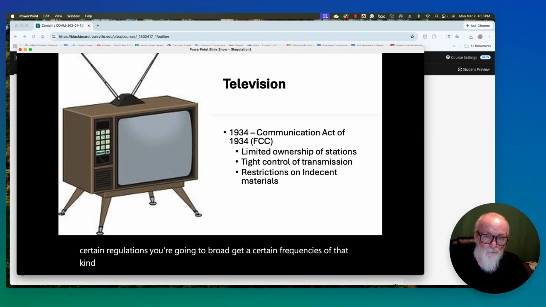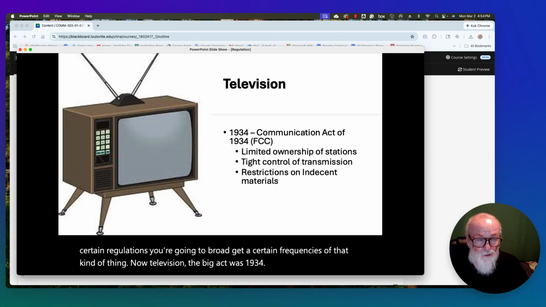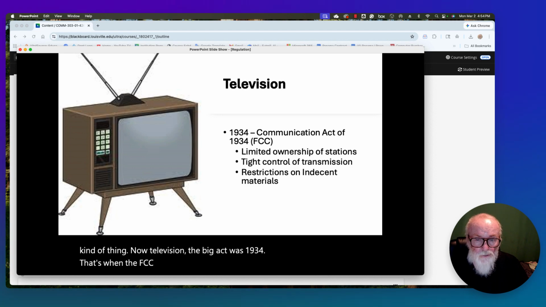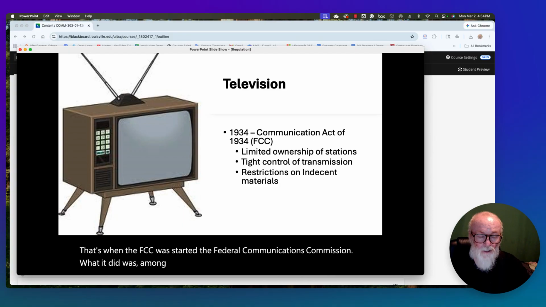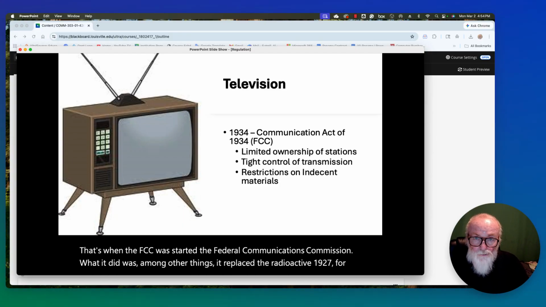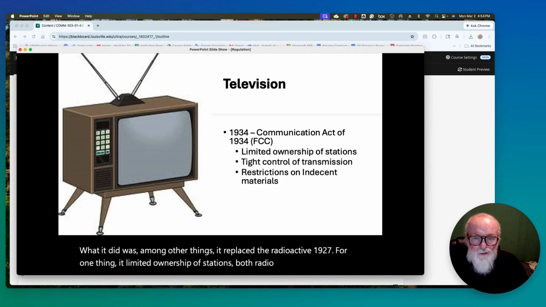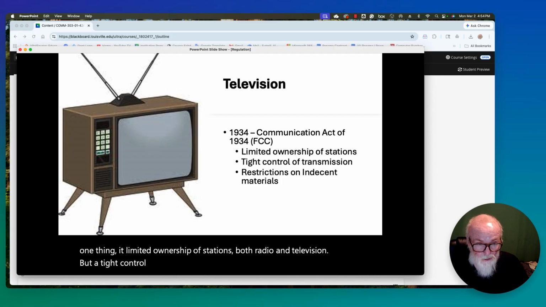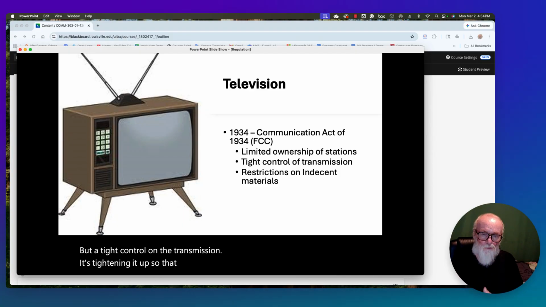Now, television, the big act was 1934. That's when the FCC was started, the Federal Communications Commission. What it did was, among other things, it replaced the Radio Act of 1927. It limited ownership of stations, both radio and television, with a tight control on the transmission, tightening it up so that the frequencies wouldn't overlap.